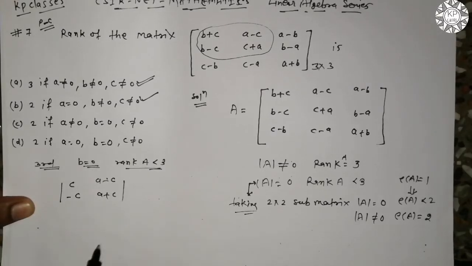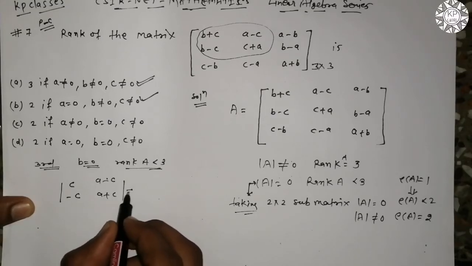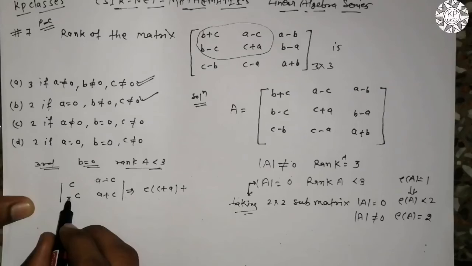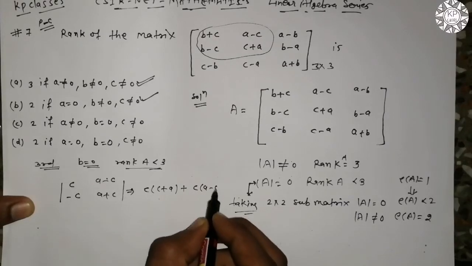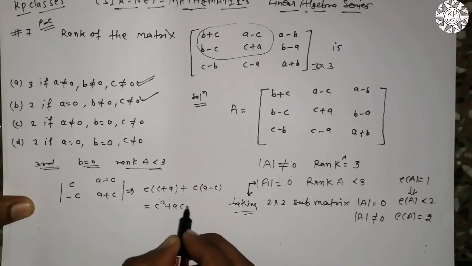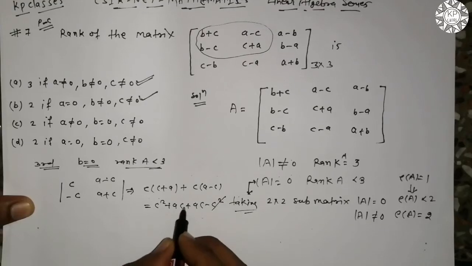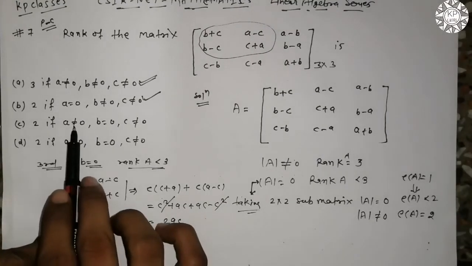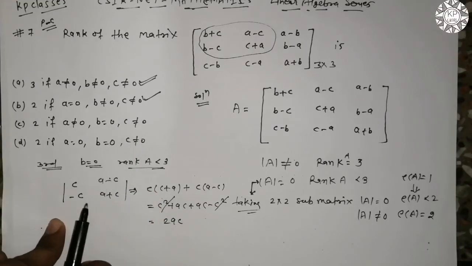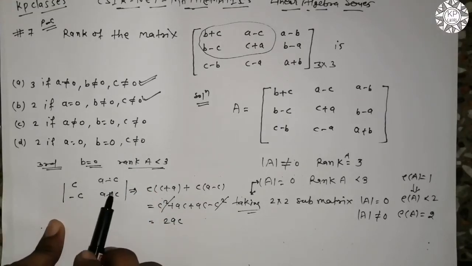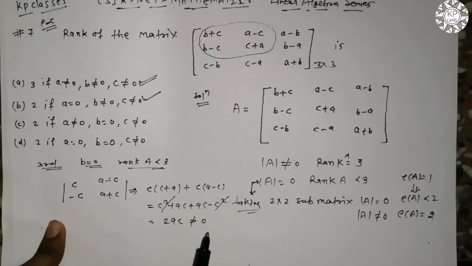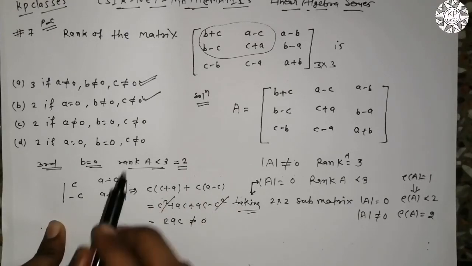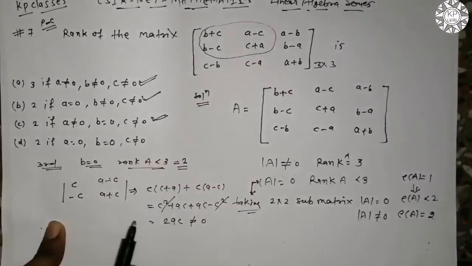Check the determinant of this matrix: c times (a minus c), and minus and minus already plus, c times (c plus a). That gives c square plus ac plus ac minus c square, so we get 2ac. We are given in the condition that a is not equal to 0 and b is not equal to 0, so the determinant of this matrix is not equal to 0, which means rank of A equals 2. Okay friends, this option is also true.